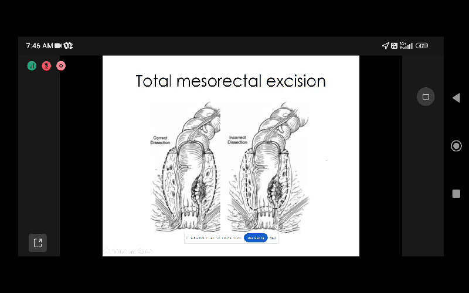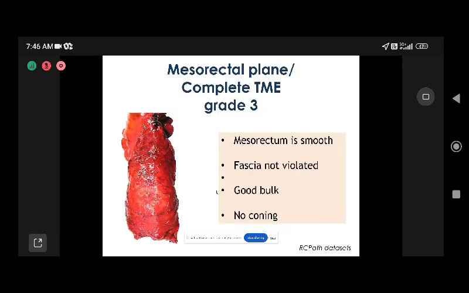In total mesorectal excision, the plane of dissection should be outside the mesorectal fascia, and we assess the quality of the TME. A complete TME is when the plane of excision has passed outside the mesorectal fascia.